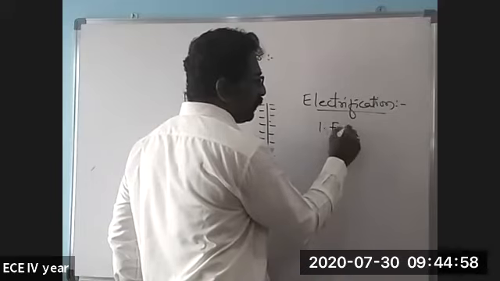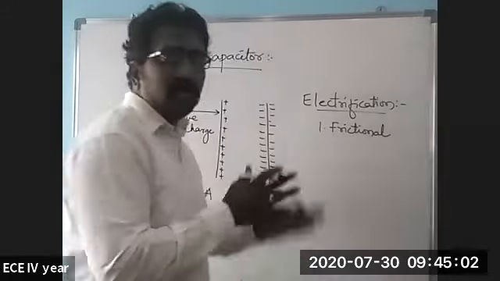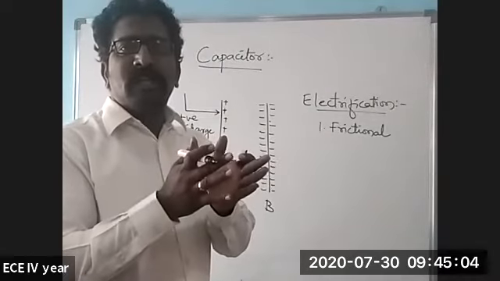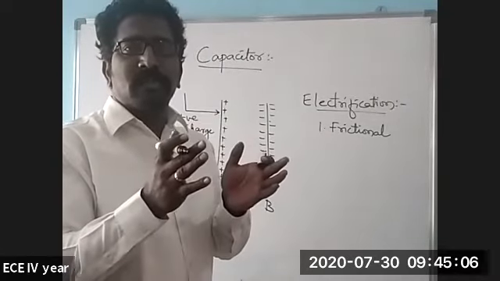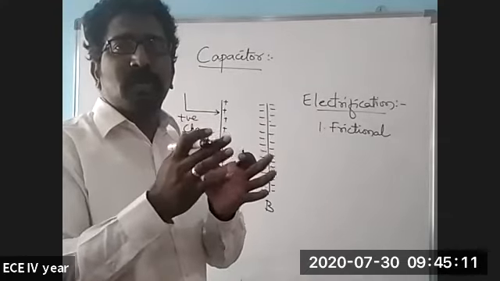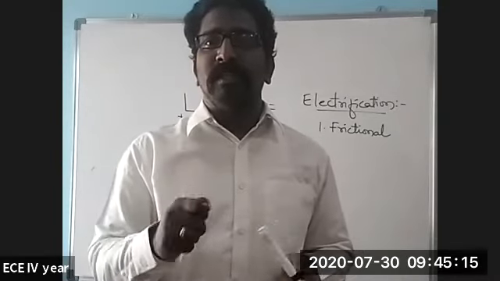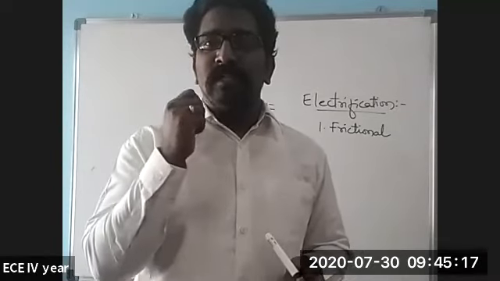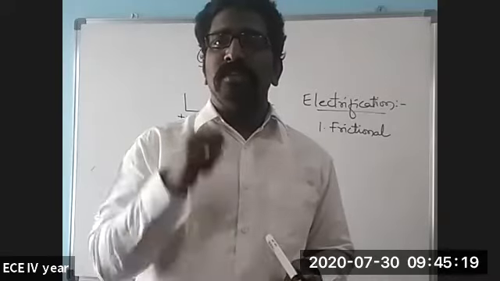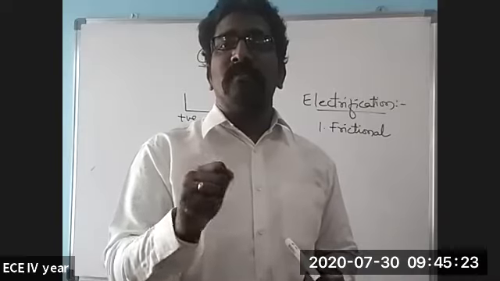The first one is friction. By friction, we can charge any kind of uncharged body. Whenever we rub our hands, definitely charge is produced in this uncharged body, so our hands become charged bodies. Or whenever you hit any plastic material with a cloth, earlier it was an uncharged body, but because of the friction with the cloth, the plastic converts into a charged body.